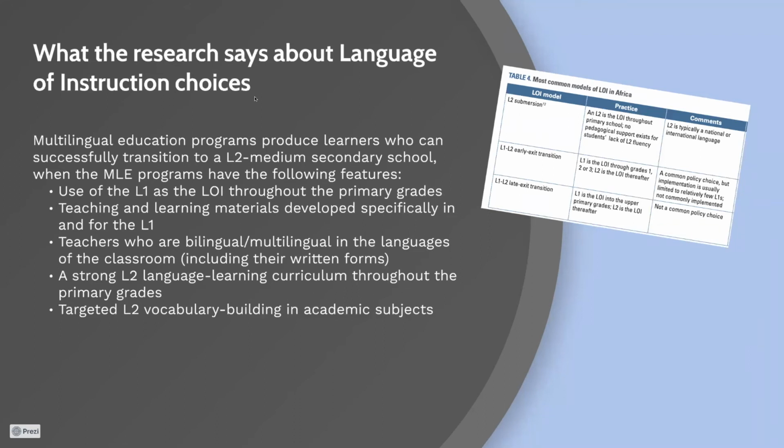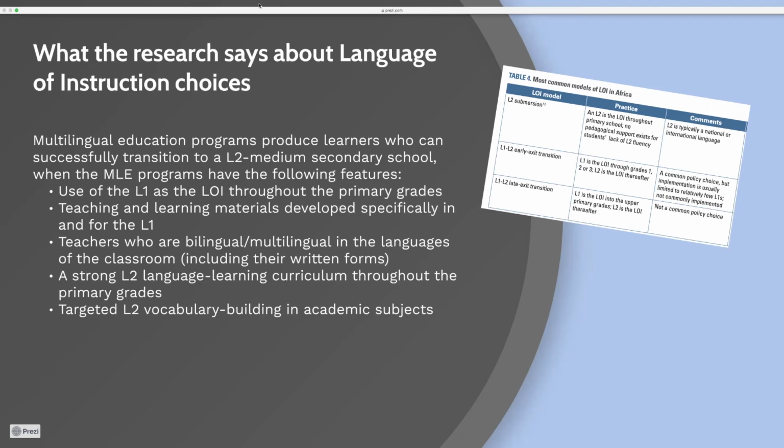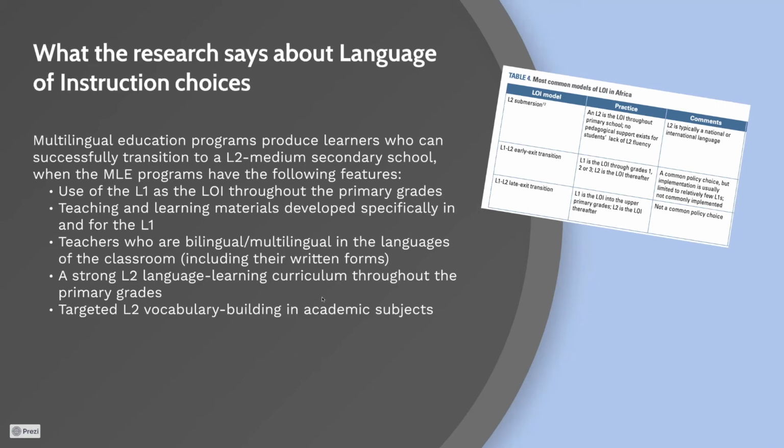So with all these misperceptions and ideas about language of instruction, what does the research say? Well, we have found that multilingual education programs can produce learners who can successfully transition to a second language medium secondary school. And they can do that when the multilingual education programs have the following features. First, the use of the first language as the language of instruction throughout the primary grades.